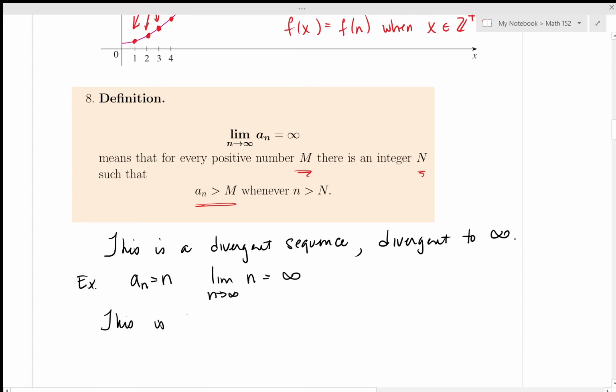This is different from oscillating divergence. Okay, when something oscillates, it doesn't grow arbitrarily large, but it also doesn't become closer and closer to a particular value.